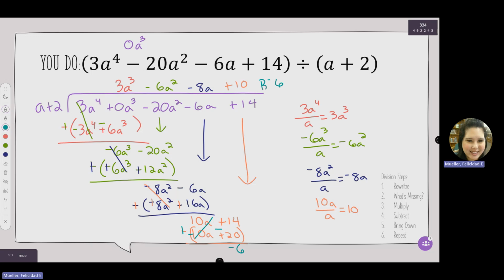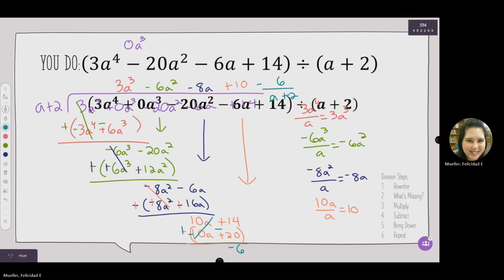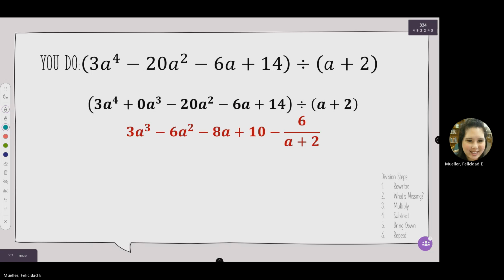And I'm running out of space. I'm going to write our final answer. So in this case, I'm going to write it as minus 6 over a plus 2 right here. As always, pause as needed to copy it down. And there's our answer.